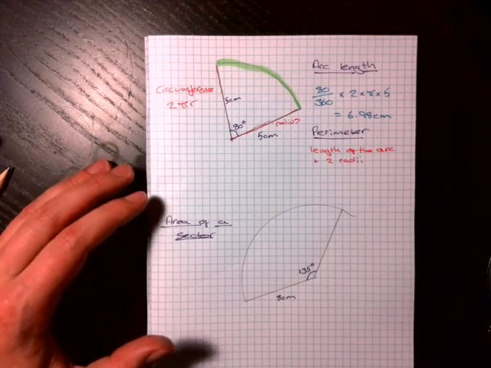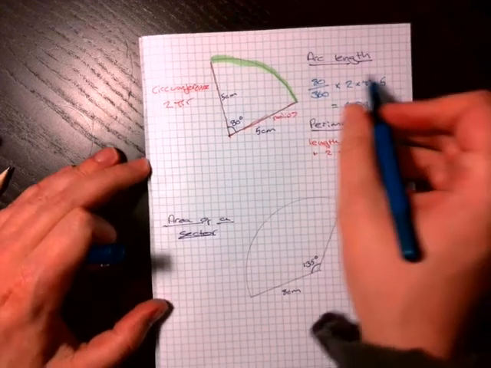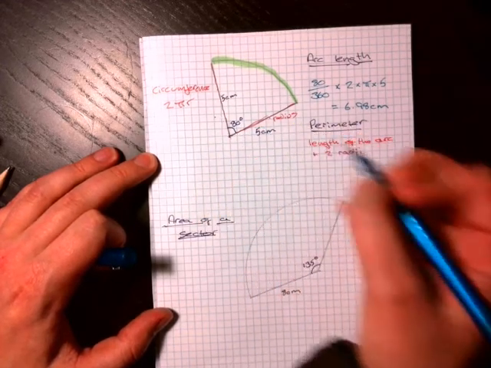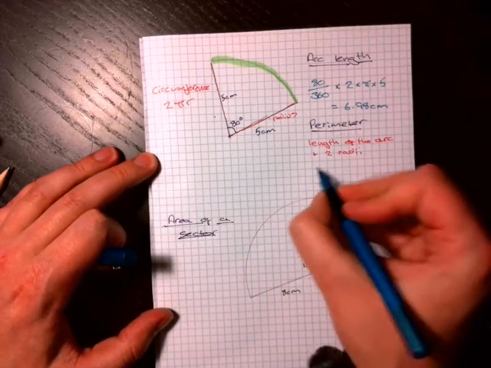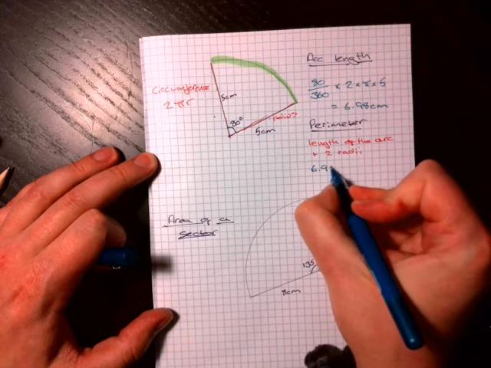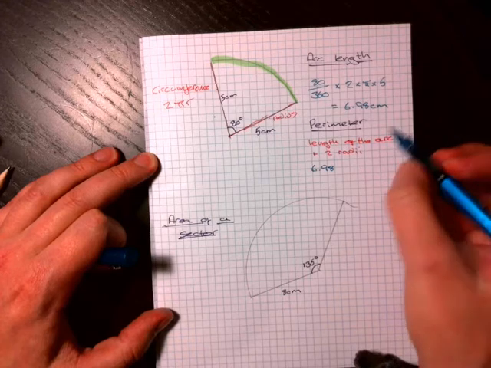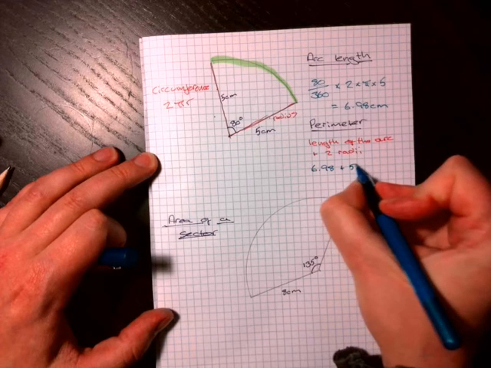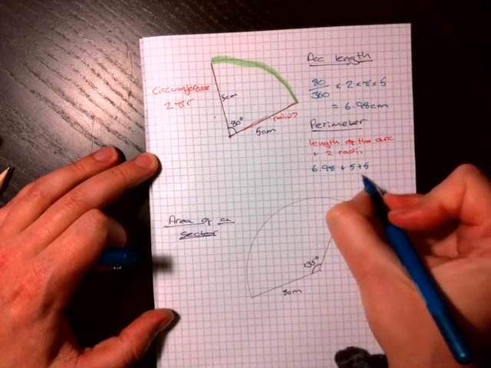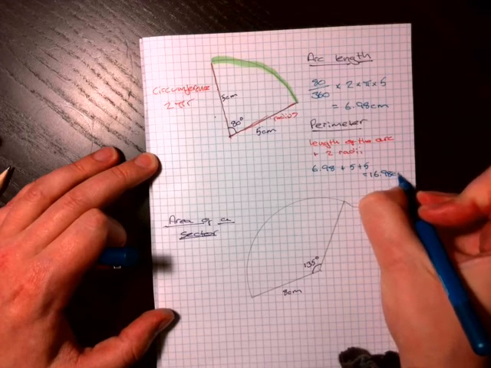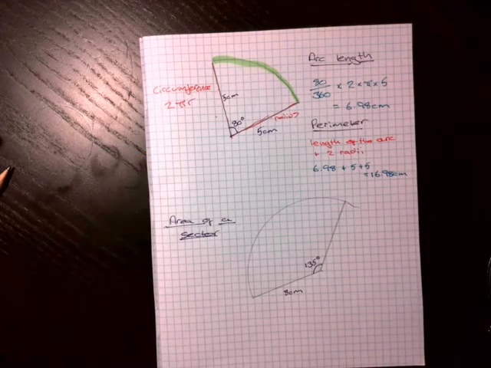Okay, so we would work out the length of the curved bit as we did up here, and then we would add on our 2 radii. So for this one, the perimeter would be 6.98, that's our length of our arc, plus 5, which will give us 16.98 centimetres, and that's correct to 2 decimal places again.